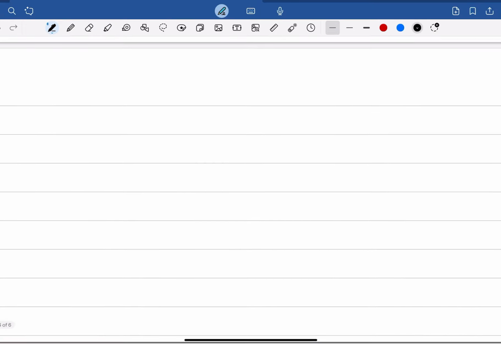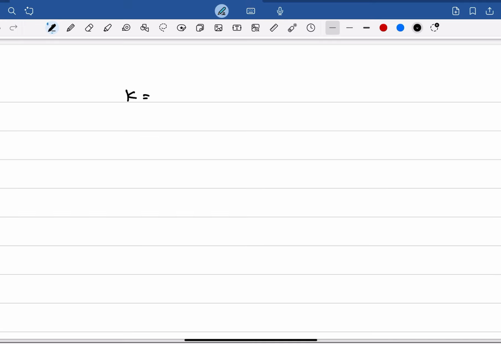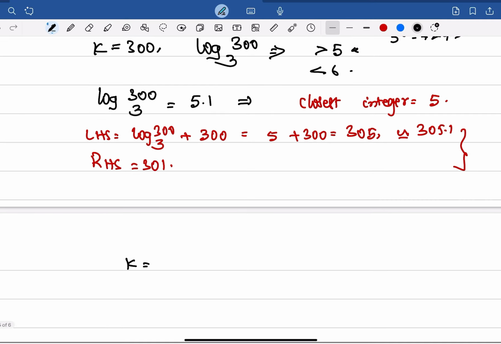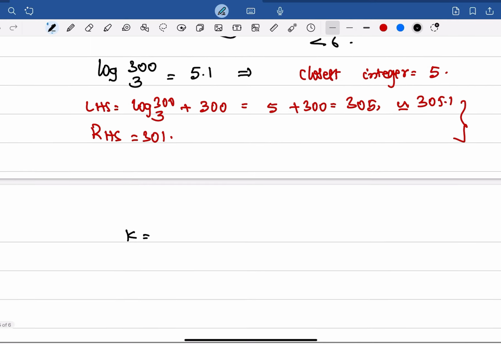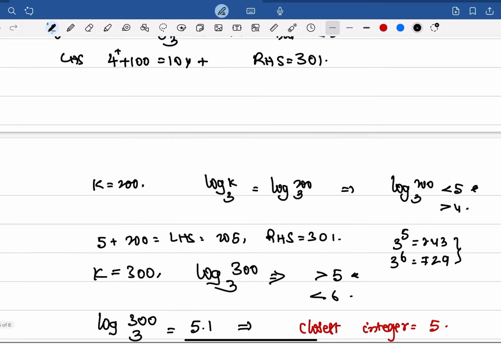Now, k is equal to 300. Do you agree? Once k is equal to 300, what is the value of x?